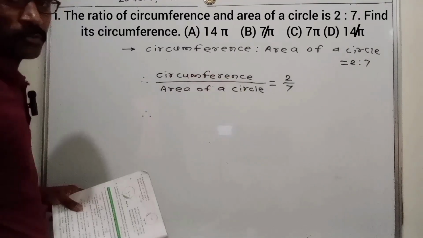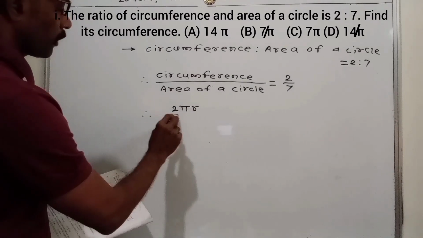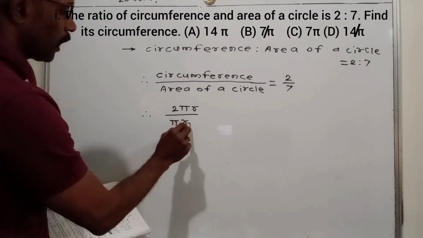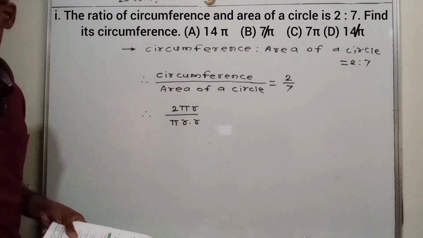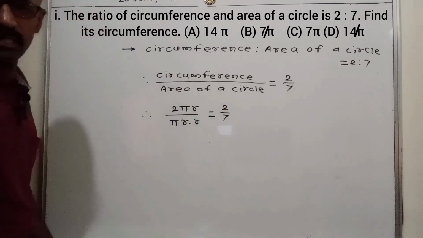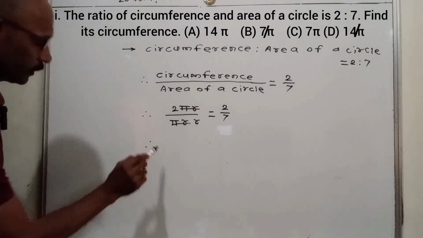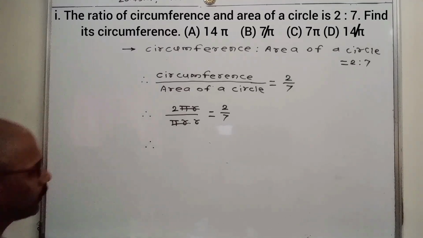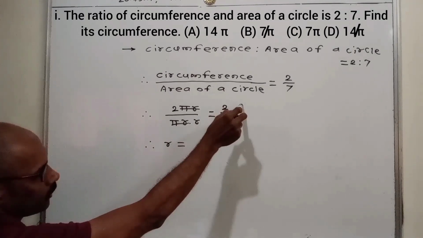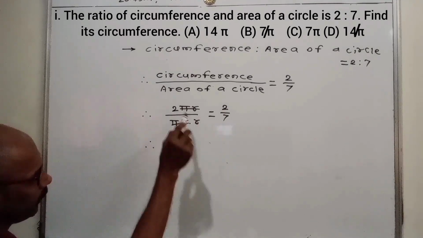Therefore, circumference of circle formula 2 pi r upon area of a circle pi r square, means r into r, is equal to 2/7. Pi r cancelled. Therefore, we find first the radius. See this. r is equal to, we take r to the right side and both these numbers to the left side.